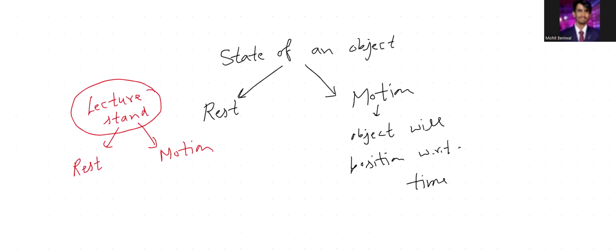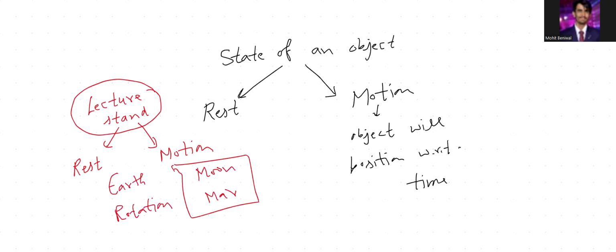But the same lecture stand, if observed by someone on the moon or at Mars or in space, then we know our earth is doing rotation, and rotation is a kind of motion. So this you need to convey to your teacher while you are answering your question.